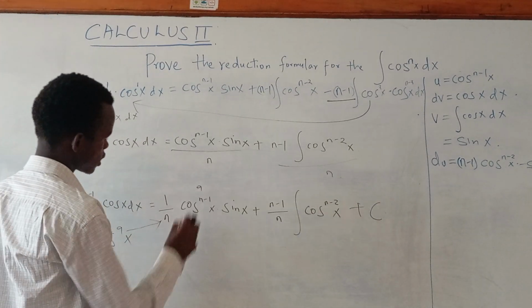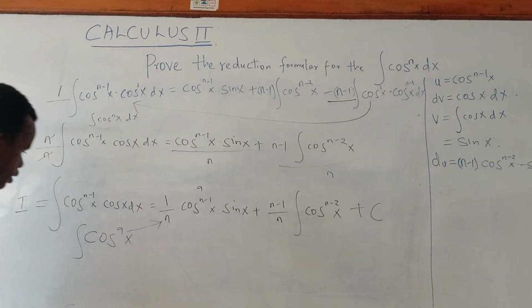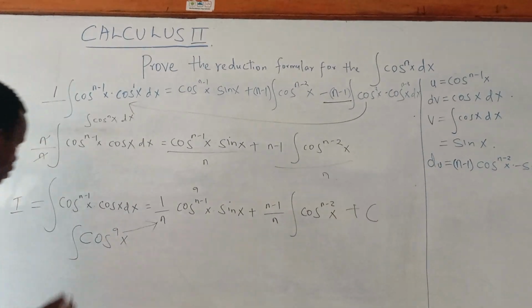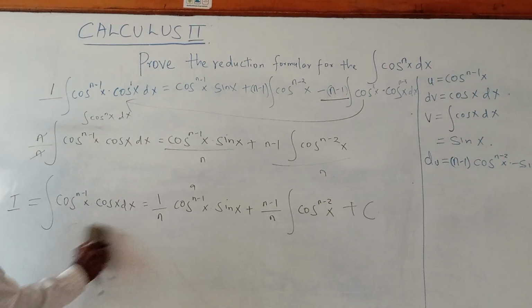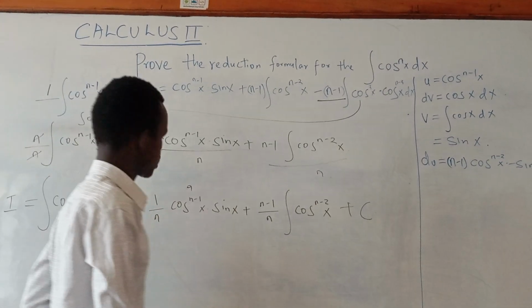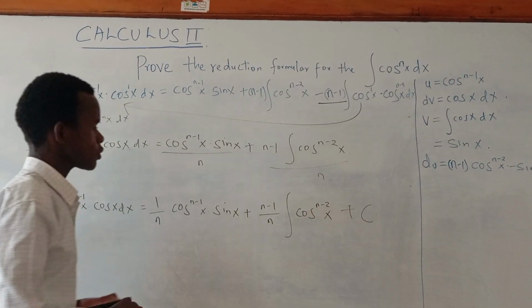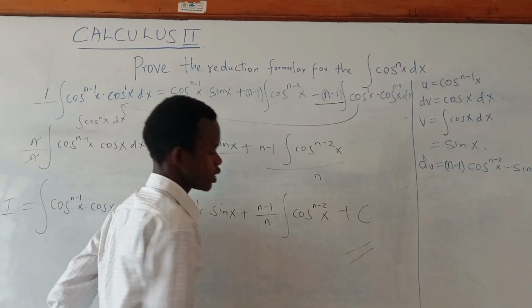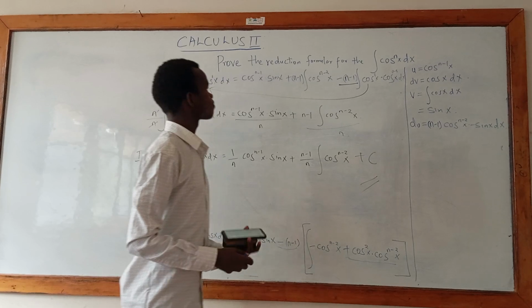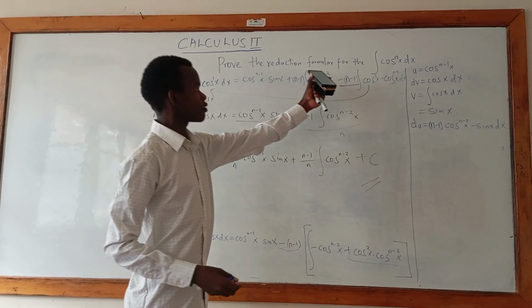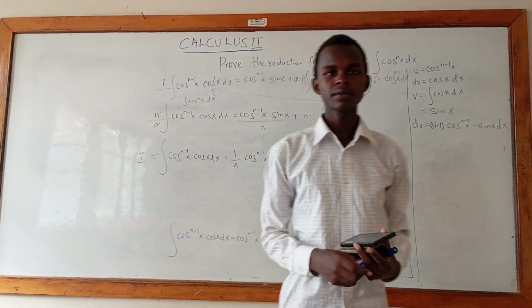So this is the reduction formula for cosine. This is how we prove it. This is the answer. This is the reduction formula for cos to any power of x.